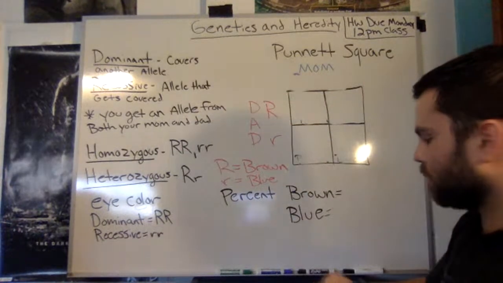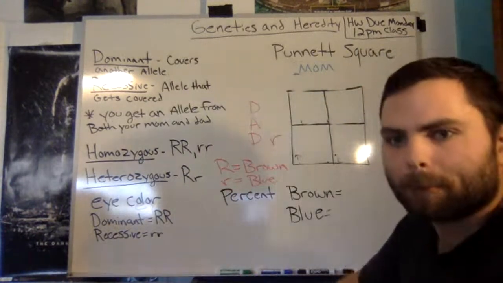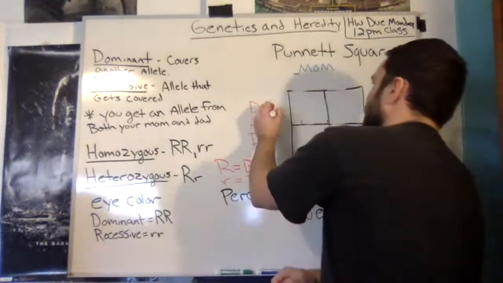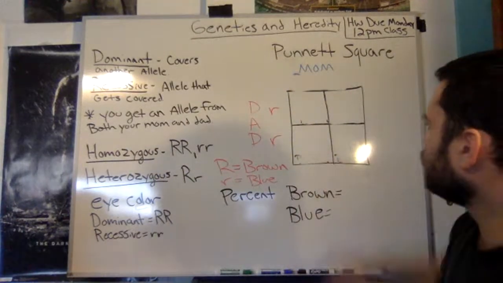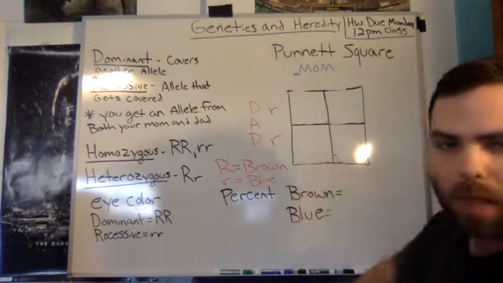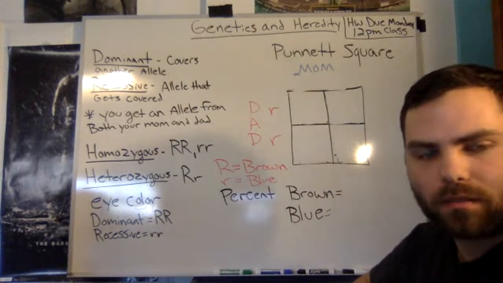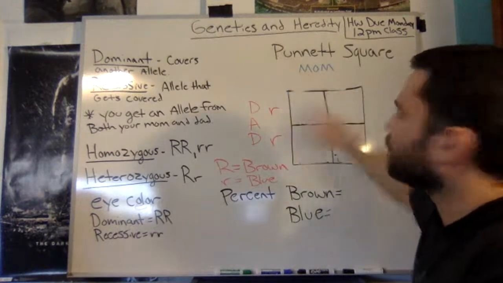So that can't work. So what do I have to change this uppercase R to? 2 lowercase is good. All right. So now we're going to go to mom. My mom has brown eyes. So what 2 letters am I going to write up here?